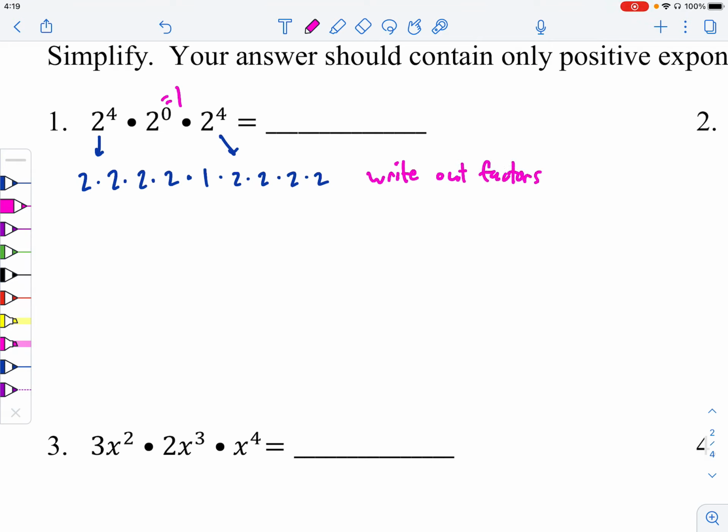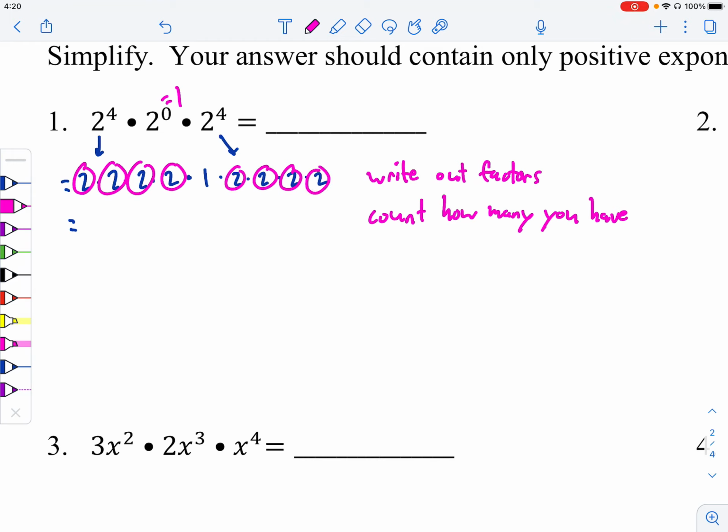So we write out our factors, and then we see how much we have. You just add them up, so count how many you have. Let's just count: 1, 2, 3, 4, 5, 6, 7, 8 twos.